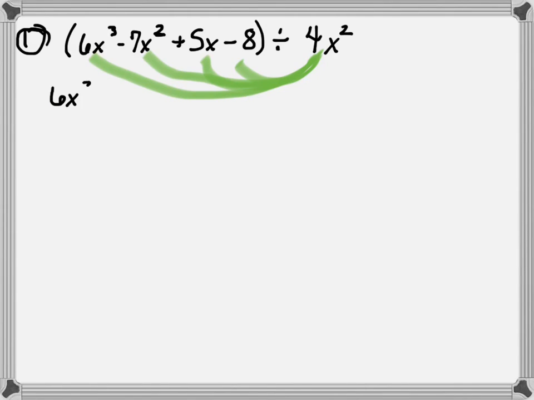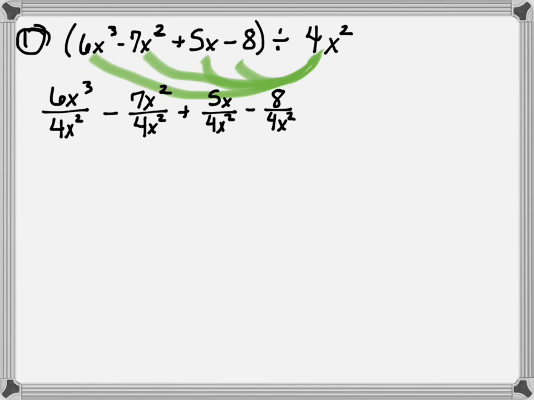So 6x cubed divided by 4x squared, minus 7x squared divided by 4x squared, plus 5x divided by 4x squared, minus 8 divided by 4x squared.